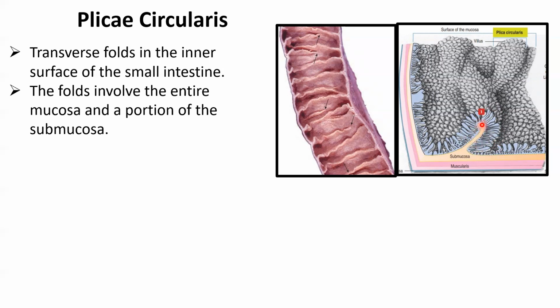Part of it is built making this plica circularis, similar to the gastric rugae. Again, the submucosa is making the core. So what we expect to see is mucosa, on top of that the submucosa, and on top of that the mucosa. We don't see that in detail, but you should be able to see muscularis mucosa, lamina propria, and epithelium, because this is all mucosa, and this is submucosa. So this is what makes the plica circularis.